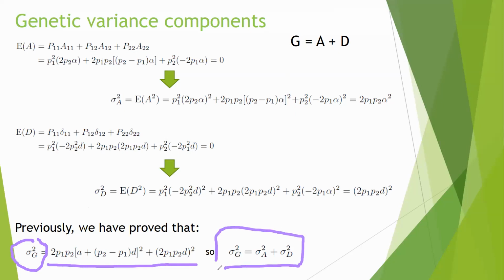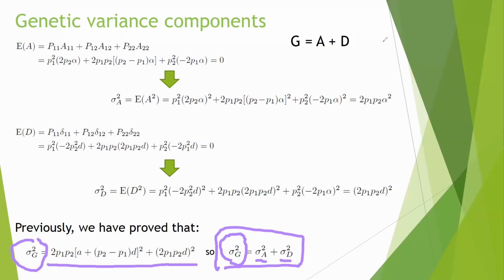As you can see here, the total genotypic variation consists of two parts. The first part is the variance due to the additive effect, and the second component represents the genotypic variation due to the dominance deviation, which is the nonlinear part.